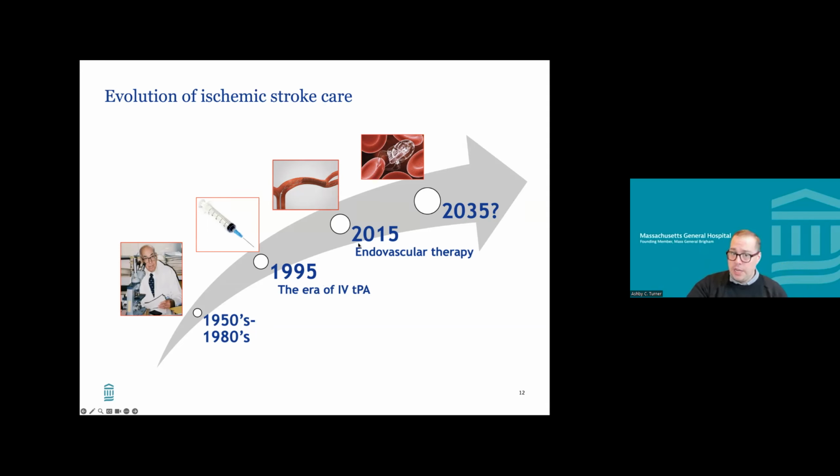In 2015, we made a huge second step of endovascular therapy. So this is where, unlike the IV medications that are given through the IV and work systemically, this is a mechanical extraction of the clot using a minimally invasive catheter. So we can see in the little thumbnail picture here, this is a blood vessel.